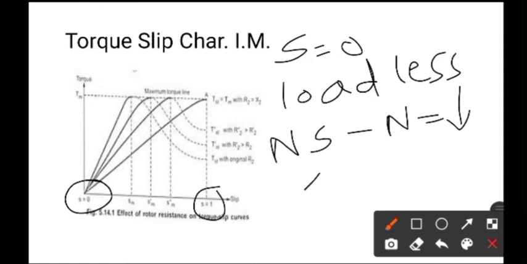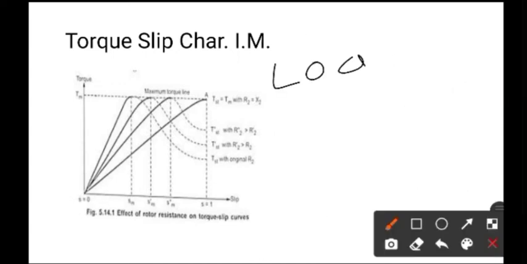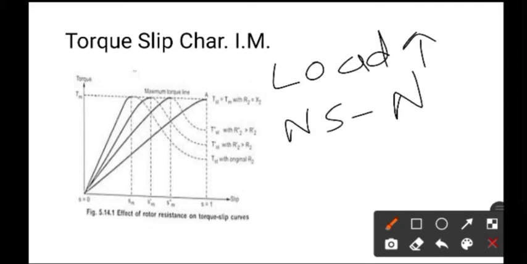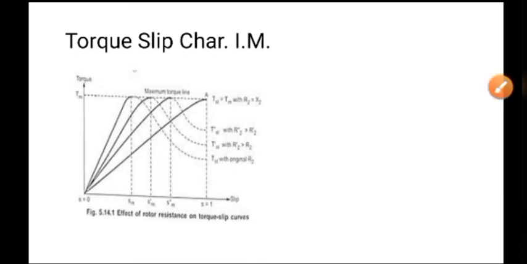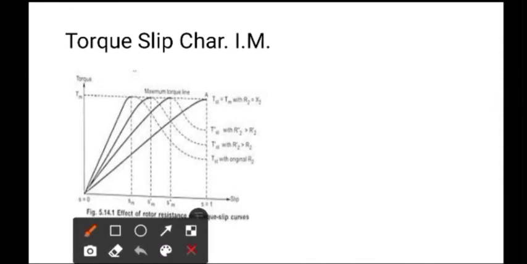When S is equal to 1, it means that the load present on the induction motor is high. The difference between synchronous speed and actual speed is also high. Therefore, the first case is, slip of the induction motor is less.